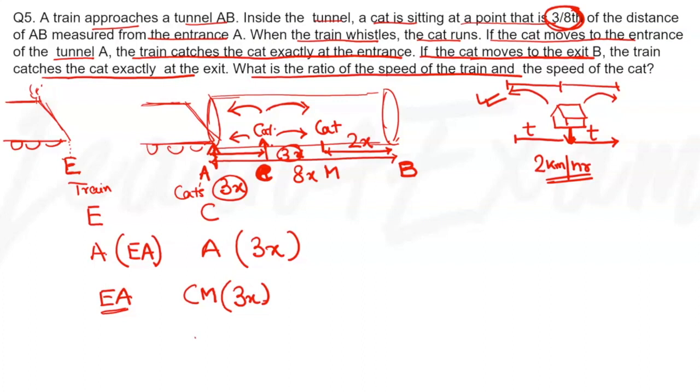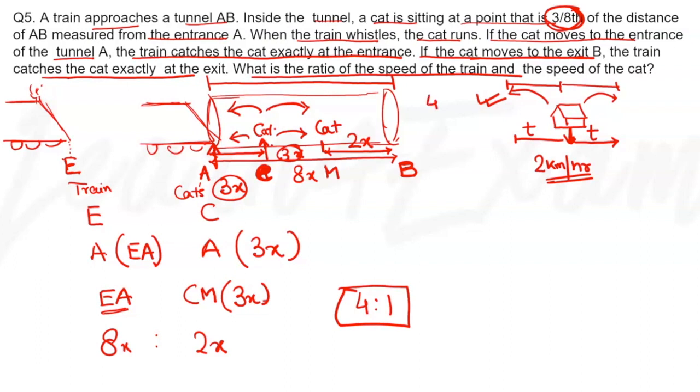If the cat is traveling 2x meters, the train would be covering the entire length of the tunnel, that is 8x meters, because both of them meet at the end of the tunnel. So they are covering distances of 8x and 2x in the same time. That means the ratio between the speed of the train and the speed of the cat is 8 is to 2, or 4 is to 1. So the answer for this question is 4 is to 1.